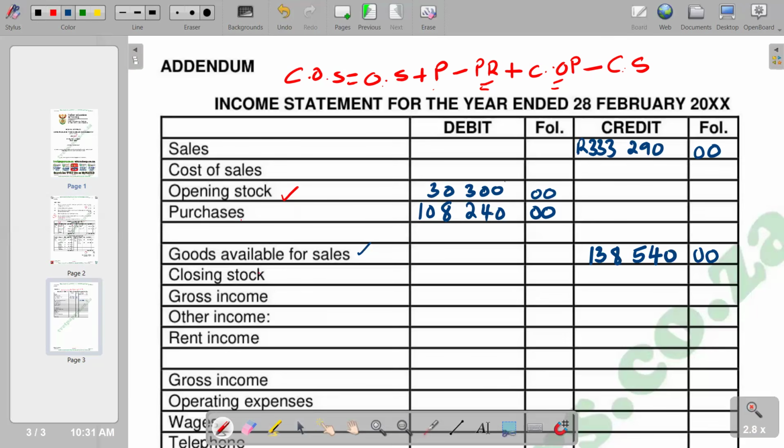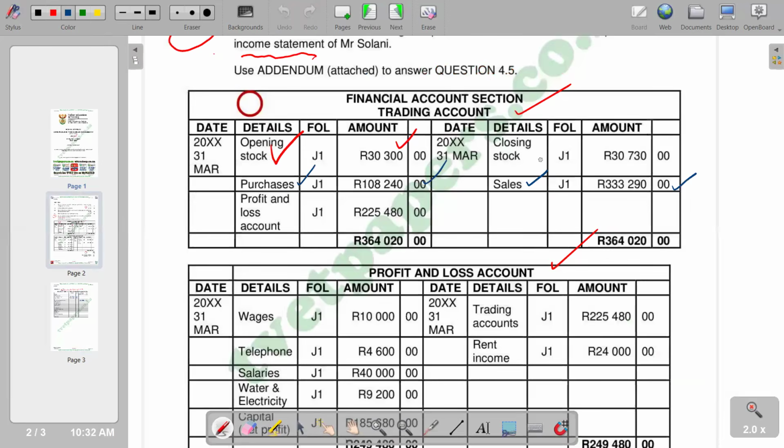With that, we can now calculate our cost of sales by saying opening stock, add purchases, minus closing stock. For our closing stock, we refer back to check what the closing stock is, and we are given it here, which is 30,730.